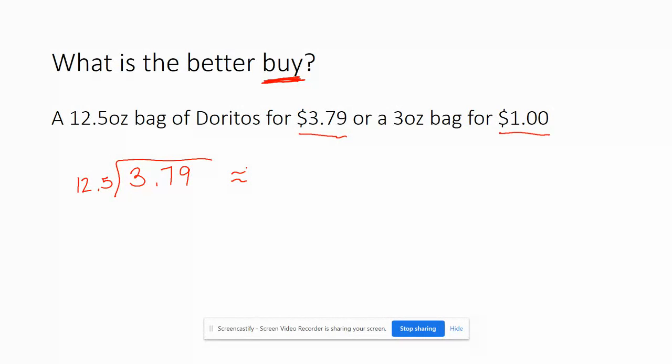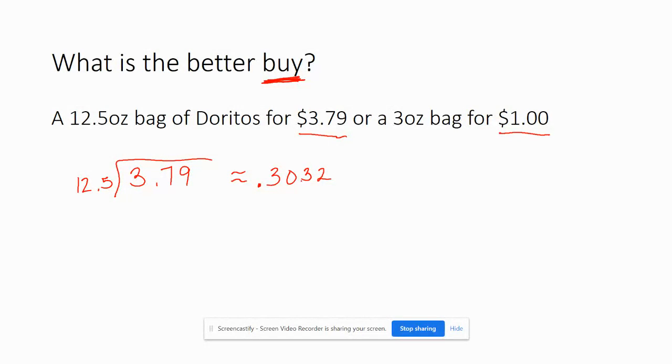Now, of course, you can use calculators on this, guys. We are using calculators now. You don't have to do the long division, but if you want to, you can. Now, when we put $3.79 divided by 12.5 ounces in the calculator, we have 0.3032.